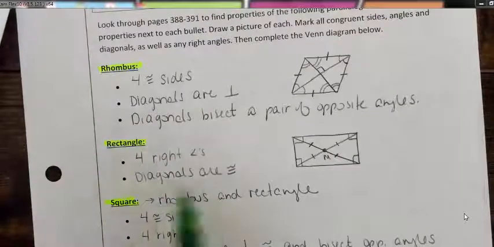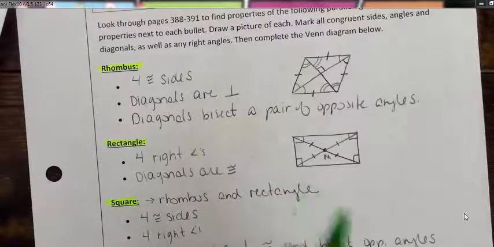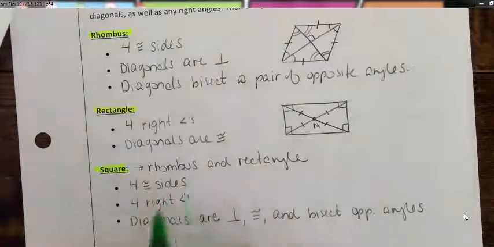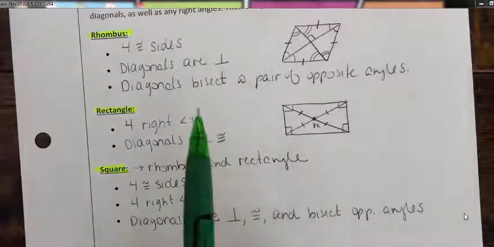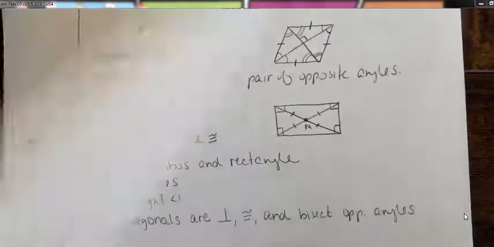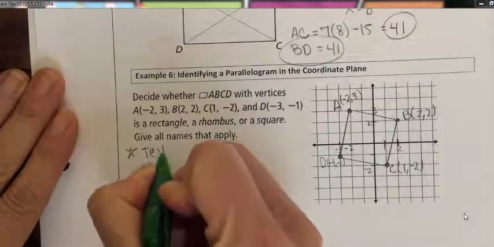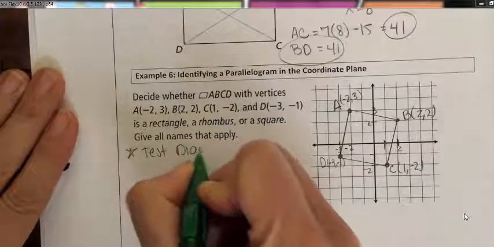And it'll be a rectangle if the diagonals are congruent. And then if both of those things are true, then it would be a square. So I think we can really narrow this down by testing the diagonals. Okay, so that's what I'm going to do here. Put a little star. We're going to test diagonals.